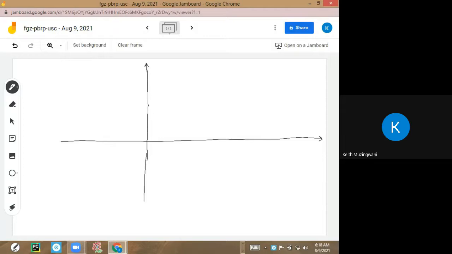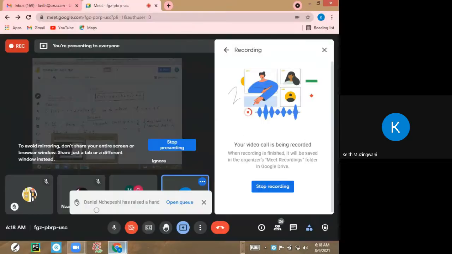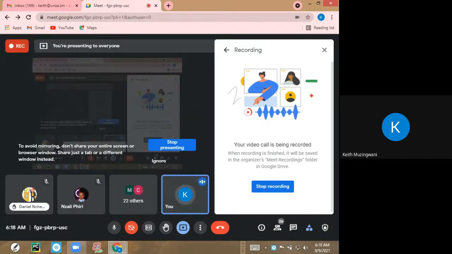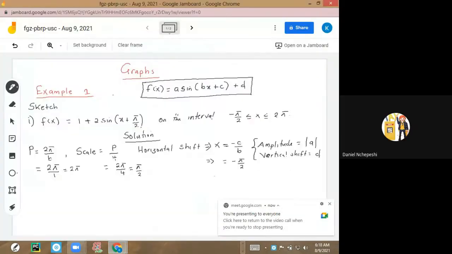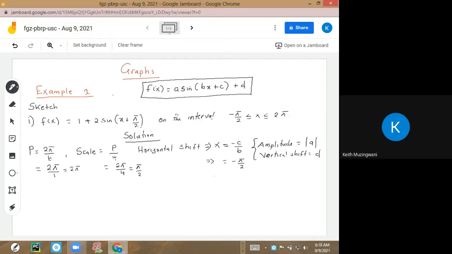So far, you know your sketch is going to come here. I have a question from Daniel. Sir, sorry, I didn't get the point where you said that our b is 1. So look at the position of b in this one.